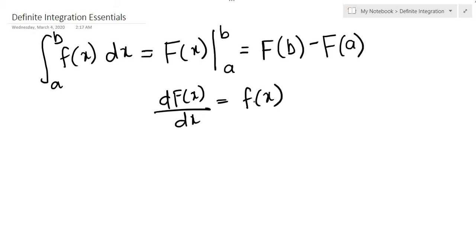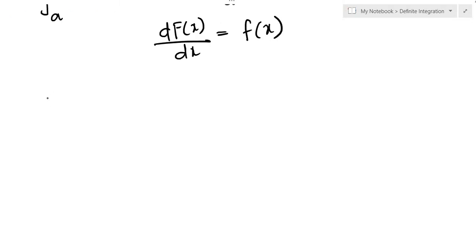So integration is about finding the antiderivative, and when it's definite integration we find the antiderivative and then plug in the upper limit minus the lower limit. Okay, so this is the basic stuff.